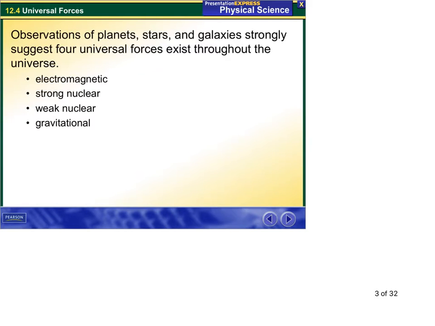And we appear to have four universal forces that are found throughout the universe, all through planets, stars, galaxies. And these four universal forces are electromagnetic, strong nuclear, weak nuclear, and gravitational.